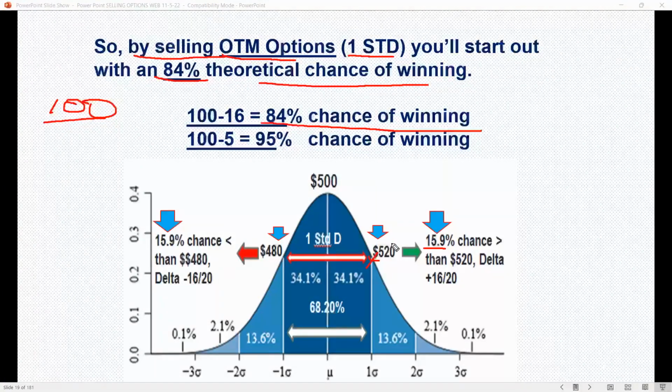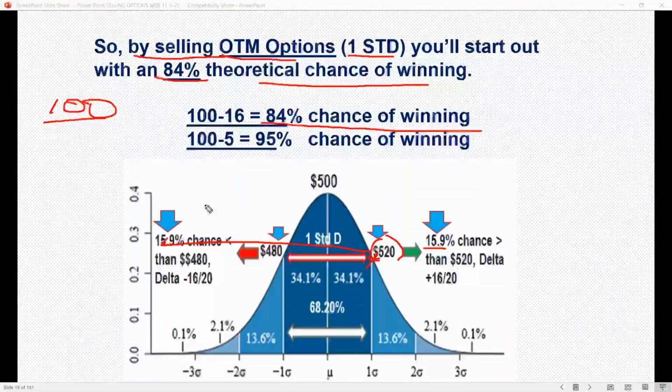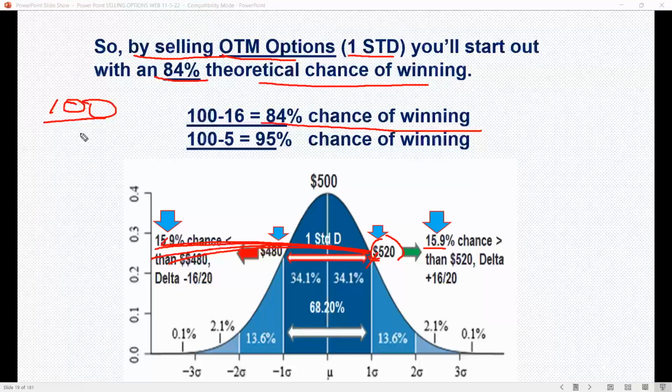So if you were to sell this 520 call, you've got an 84% chance that price will be below 520 at its expiration. So that's why when we're selling options, a lot of times the different strategies are referred to as probability trades.